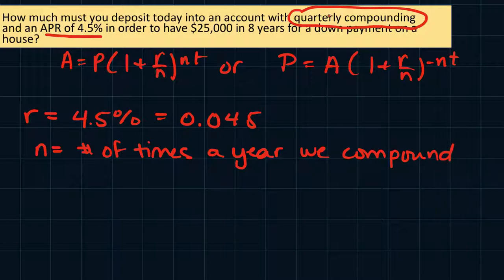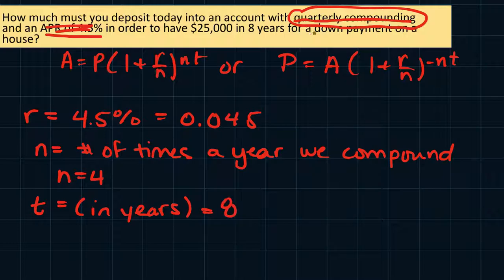Notice that the problem says it's quarterly compounding, which means 4 times a year, so n is going to be 4. So that takes care of this and this. We're told that t is 8. Remember, t is always in years. So we've got this piece.